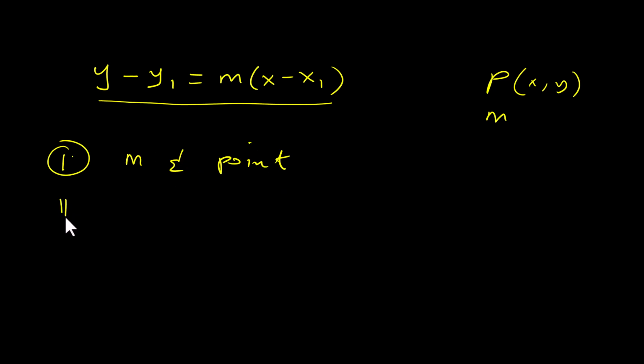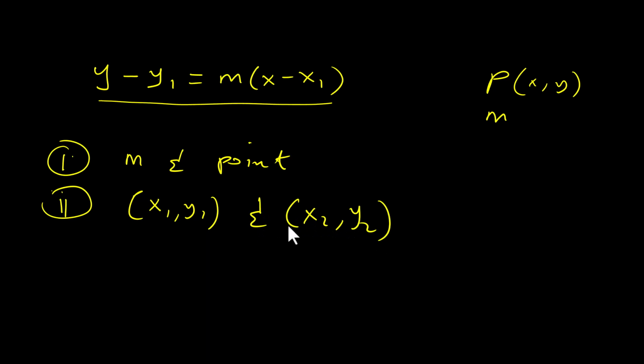Second, when knowing two points, say x1 y1 and x2 y2. The first one is very straightforward. Knowing m, just put m here, and label the point x1 y1, and you are good to go. With the two points as well, just find the slope, find m from here.